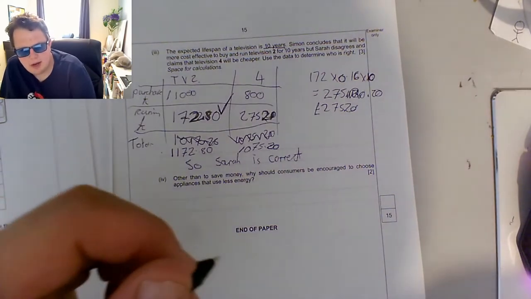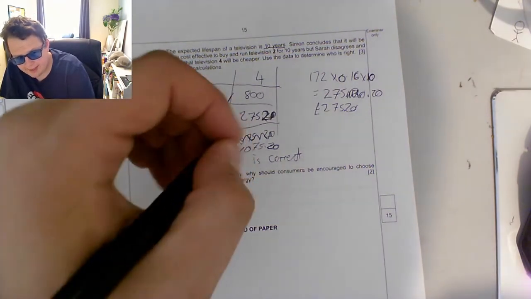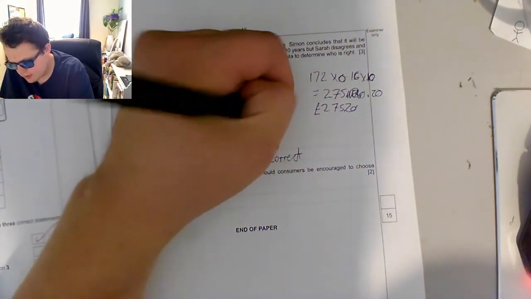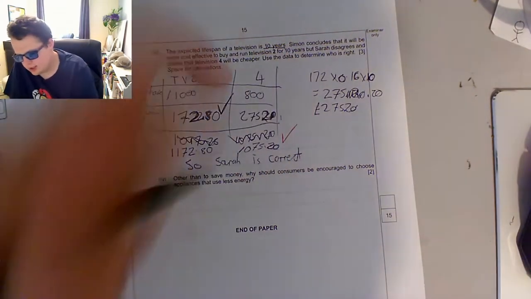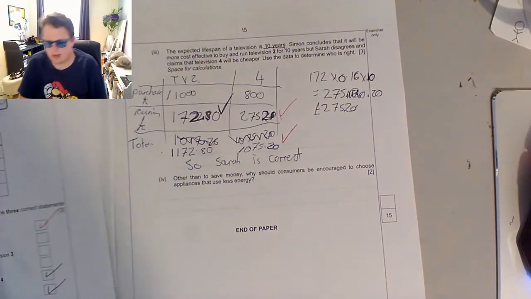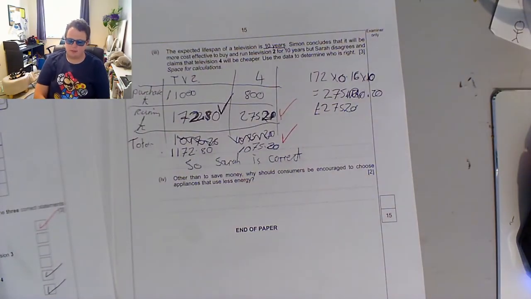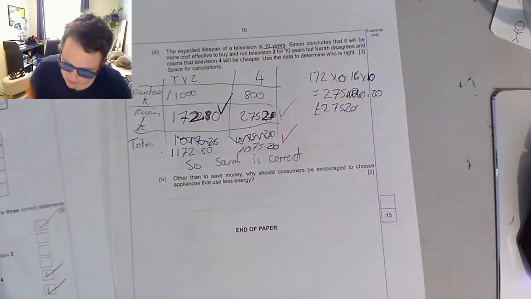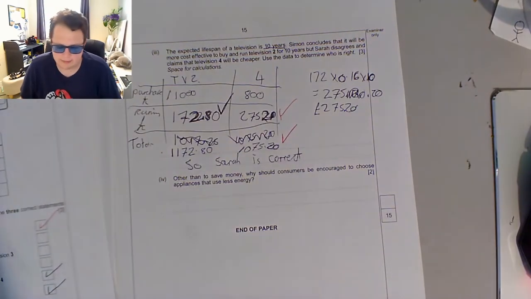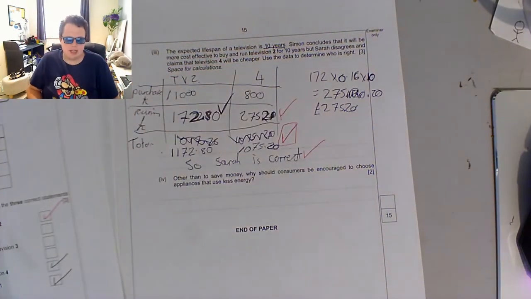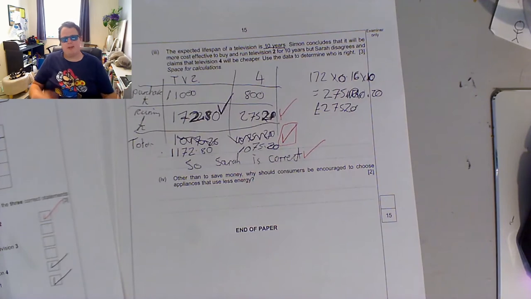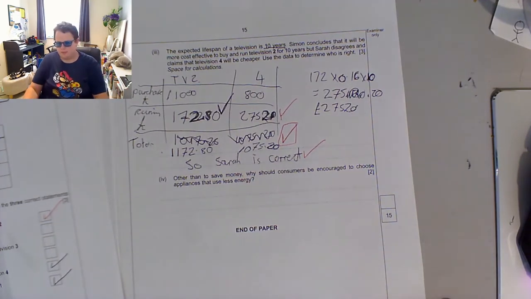Your second mark is going to be somewhere having TV4 correctly calculated, for doing the £275.20. Third mark is for getting the total cost of TV4. However, you can only get this third mark if you've written something about Sarah in there. If you've not said that thing about Sarah, you're not going to get the mark.